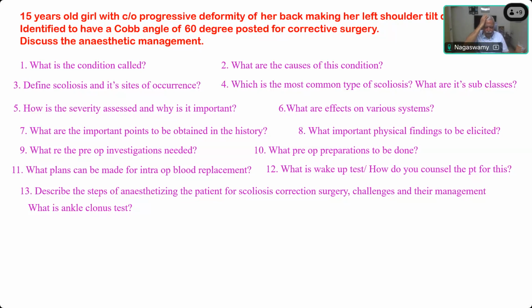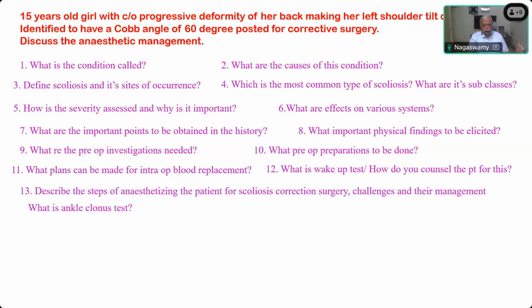So if you plan intraoperative hypotensive anesthesia to reduce surgical bleeding, then with an IABP you will know exactly what the mean arterial pressure is. Why do you want to know the mean arterial pressure rather than the systolic and diastolic? Sir, it will give us an idea of adequate perfusion, cerebral and renal.